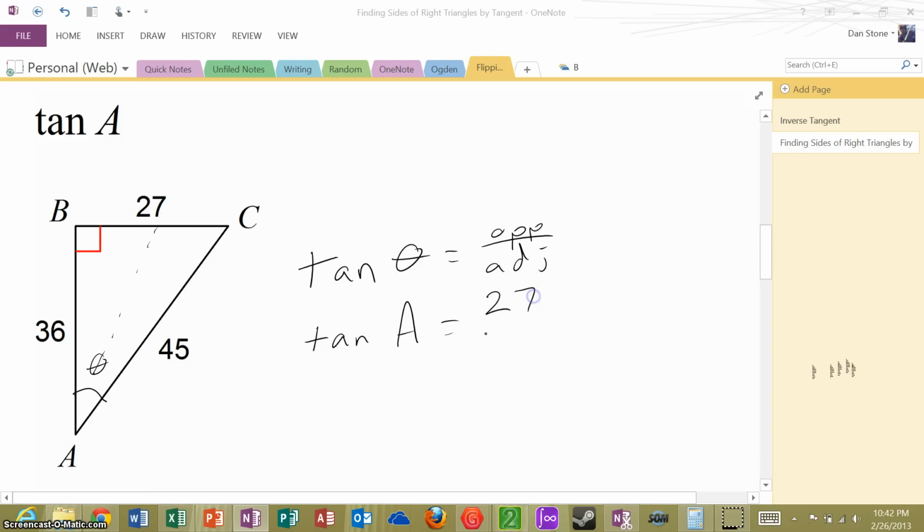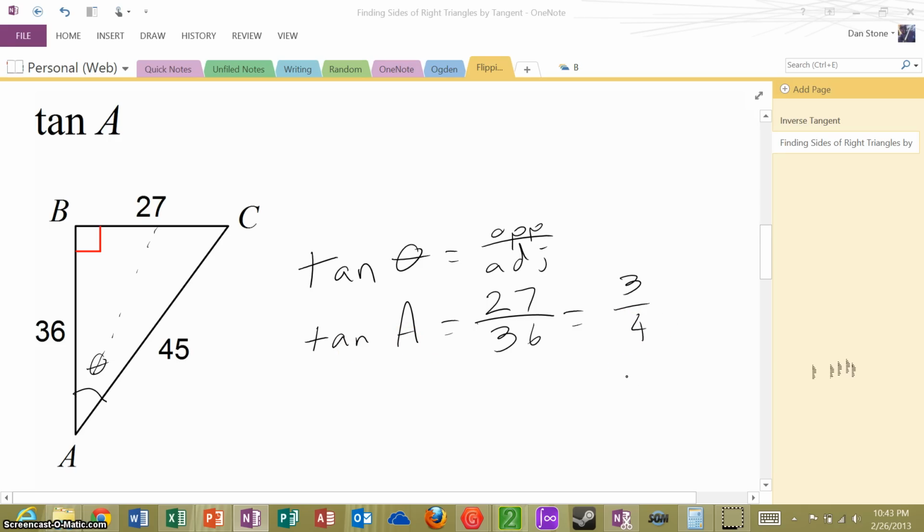So 27 goes on top. And then I'm going to look for what is adjacent. This is a hypotenuse, so we're not going to use this guy right now, the 45. This 36, though, that's our adjacent. So 27 over 36, we can reduce this. Divide the top and the bottom by 9, and we get 3 over 4. That's our answer. The tangent of angle A is simply 3 over 4.